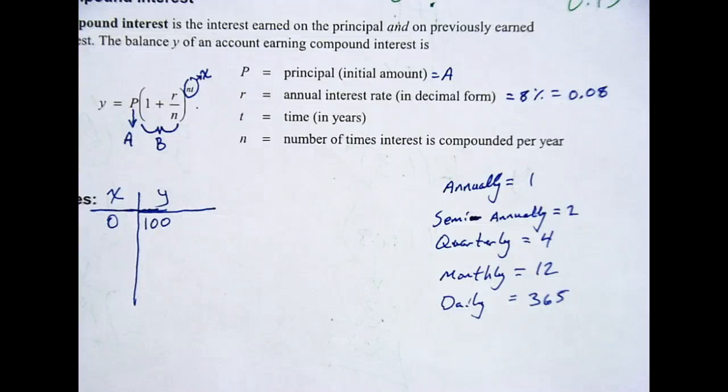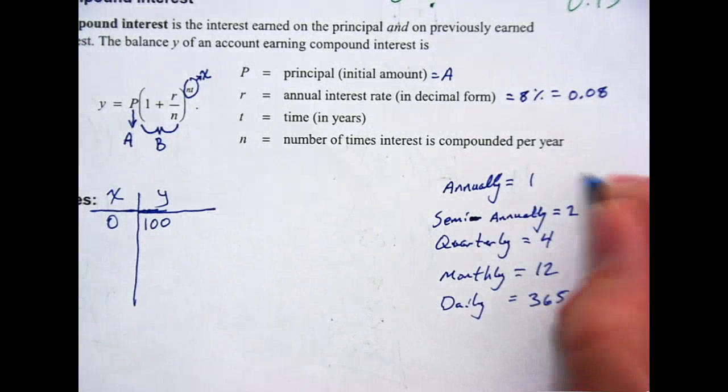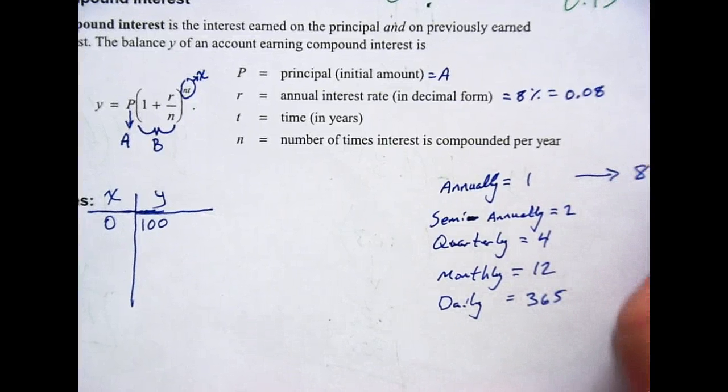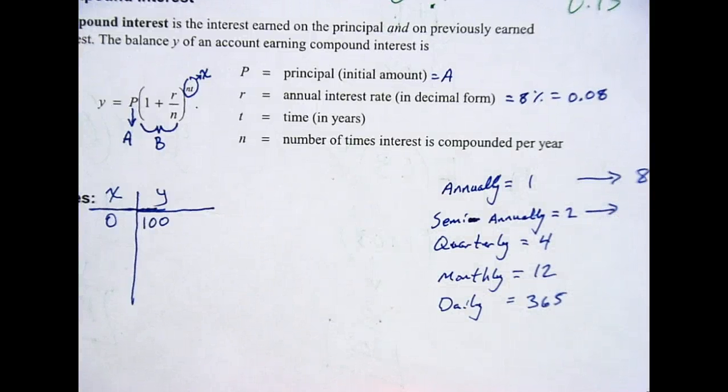That would be great if you got interest daily. But let's say you get it quarterly. Every quarter, you earn money. You earn 8% annually. If I'm telling you in our example you're earning 8% annually, what are you earning semi-annually? Yeah, 4%.